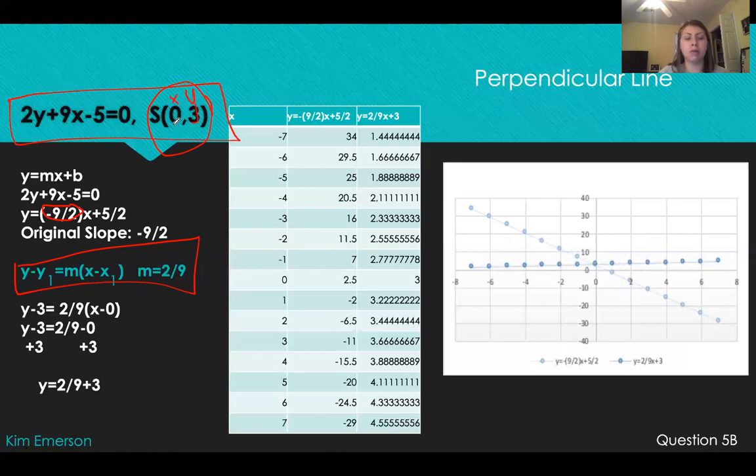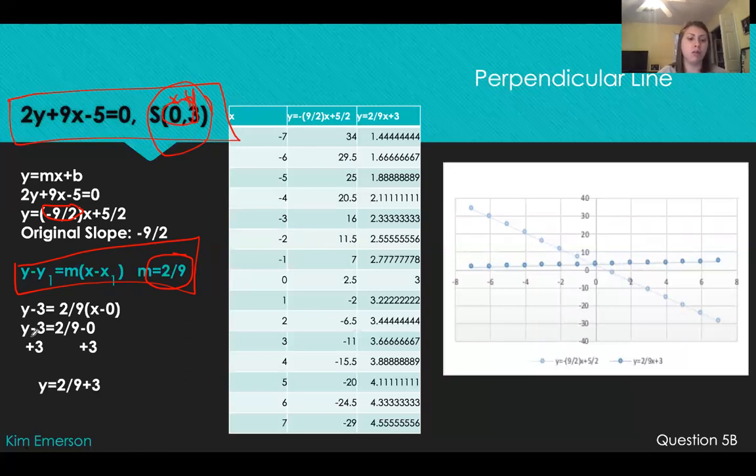So let's remember that when we're looking at this. Y minus 3, because that's positive, we're supposed to be subtracting, so it gives us a negative 3, equals 2 over 9, which we're getting from right here, which is m, times x minus 0. We're getting 0 from x right here.